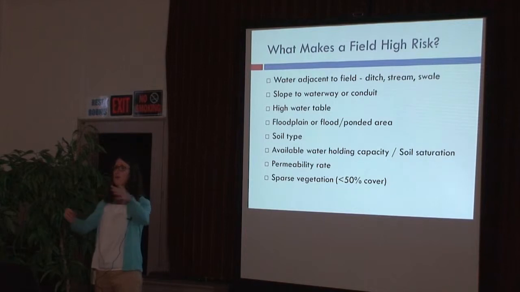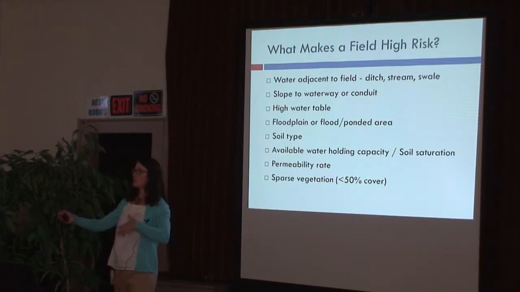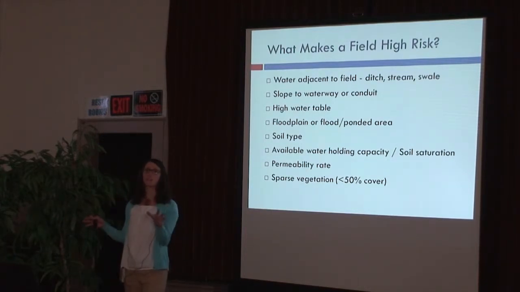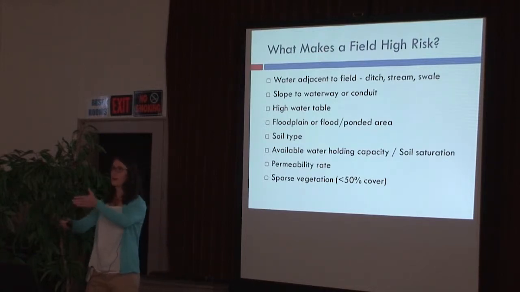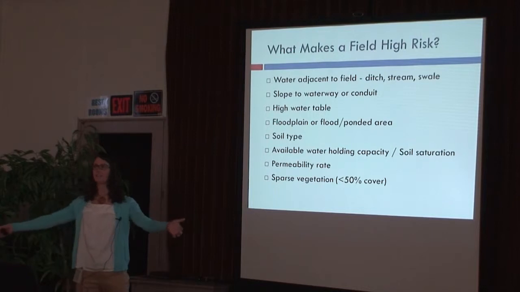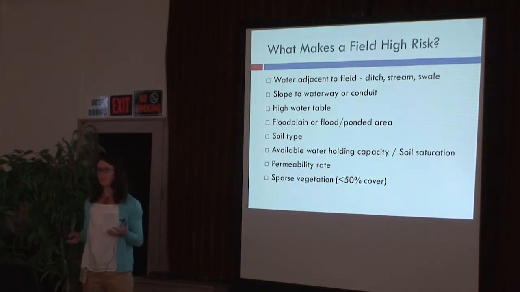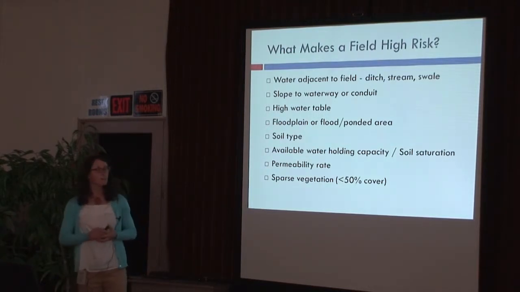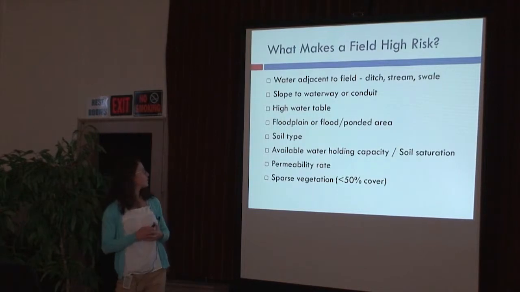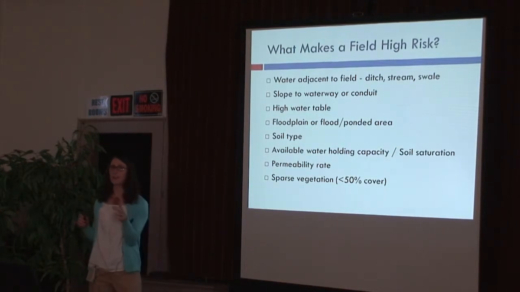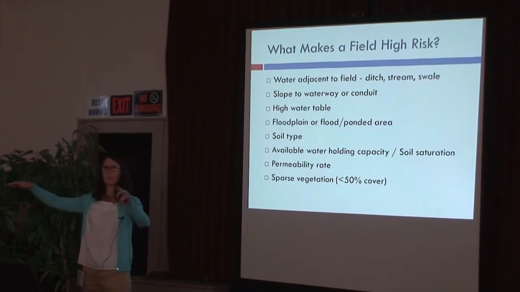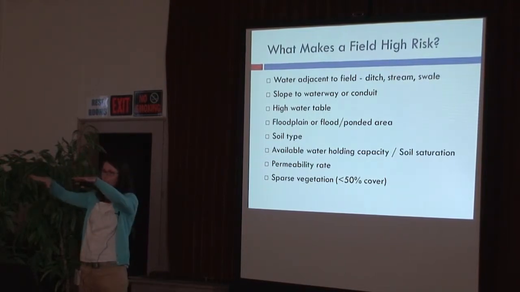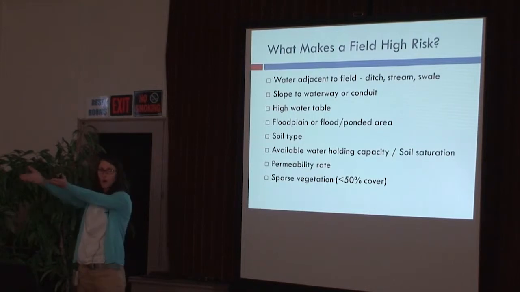So historically, a lot of the things that were done to get water off of your field so that you could farm it are now seen as a potential pathway for pollutants to get somewhere. So you just have to be a little bit more vigilant about those things. Is there a slope to a waterway or a conduit? You may think, oh, there's a ditch, yeah, it's two fields away, but that field slopes to a swale, and that swale goes all that way.